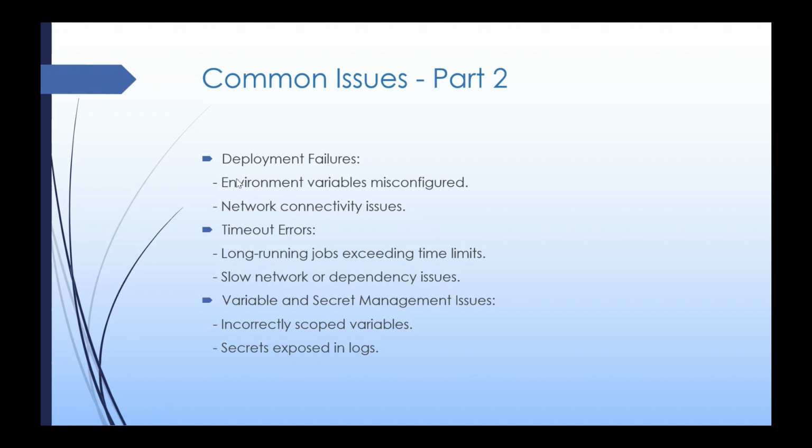If connectivity is not proper, then your deployment will fail with intermittent issues. Suppose sometimes it connects and sometimes it doesn't, then it might fail because of those issues. So generally you might get these kinds of issues while running your deployment pipeline.